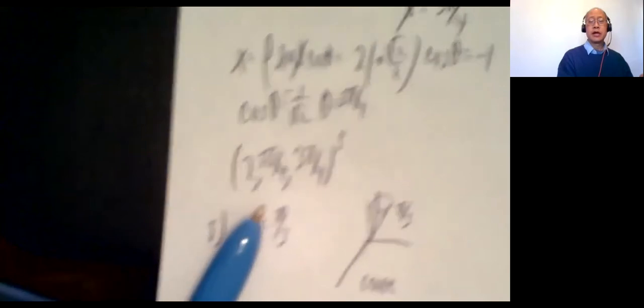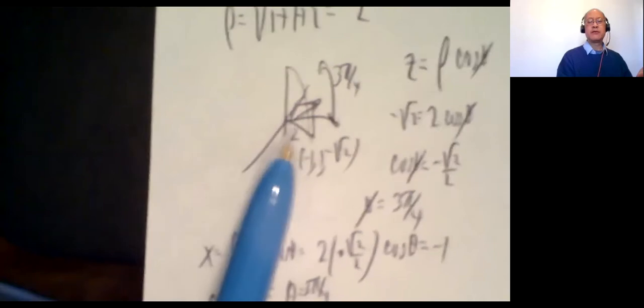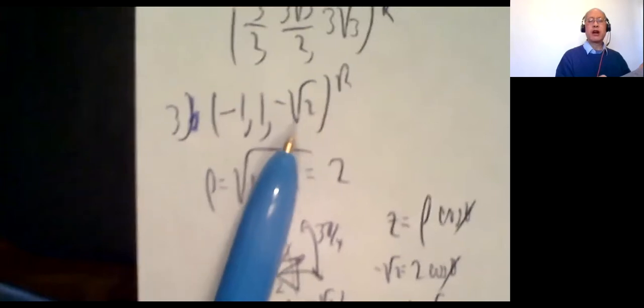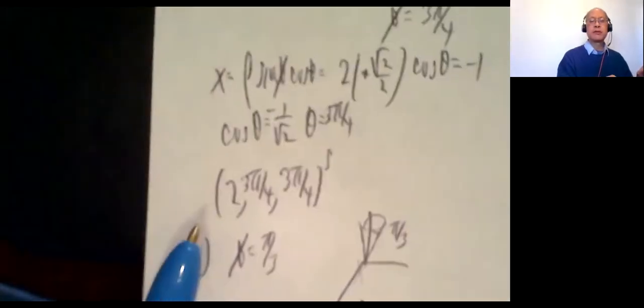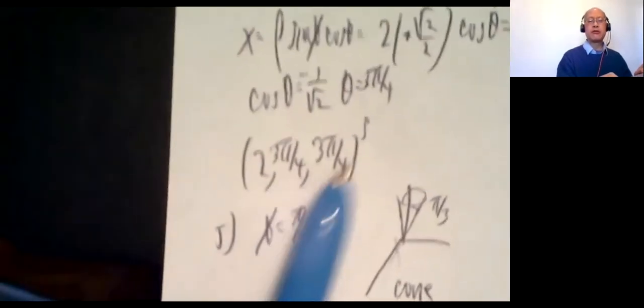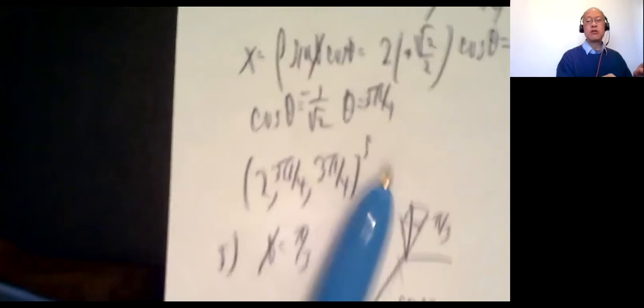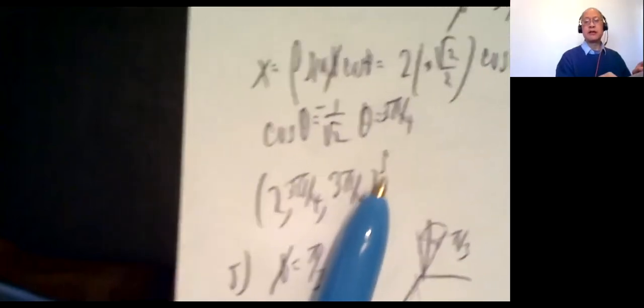So you're going through the ground, as it were. And then you walk out 2 units. So that's what you have. Once more, -1, 1, negative radical 2 in rectangular coordinates is 2, 3 pi over 4, 3 pi over 4 in spherical coordinates. I'll do my focusing thing again at the end, hopefully.